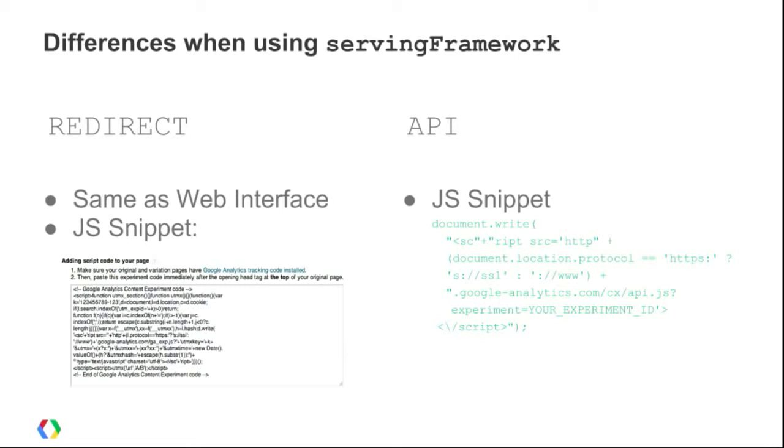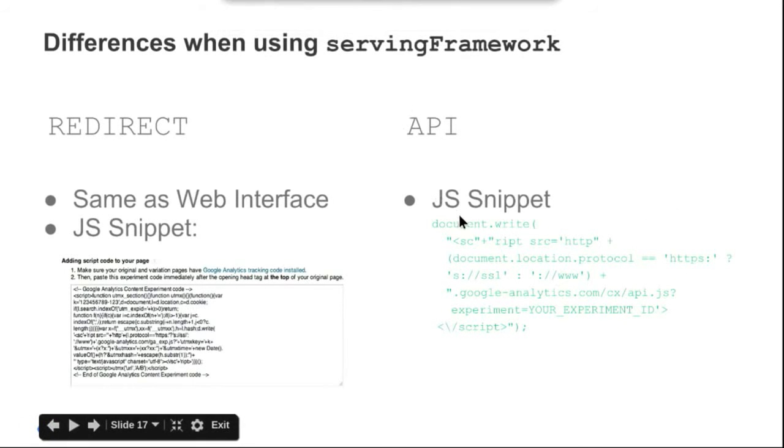This is a helper property. It gives you the JavaScript code that you would want to use for this particular serving framework, and it fills in the ID for you automatically. So if you looked at the response from the management API for a serving framework that's set to redirect, you would basically get the JavaScript code that you would have seen in the web interface. It's that same JavaScript snippet.